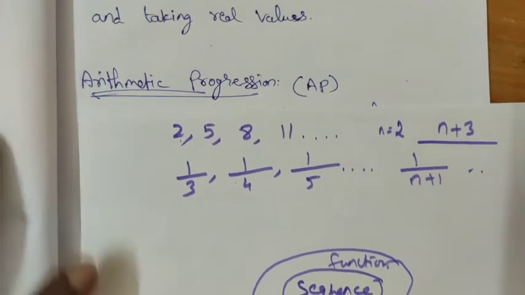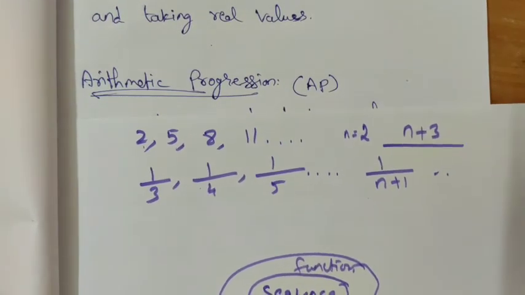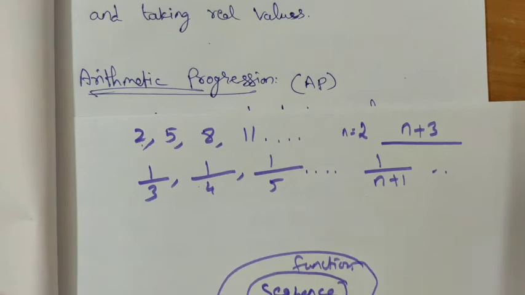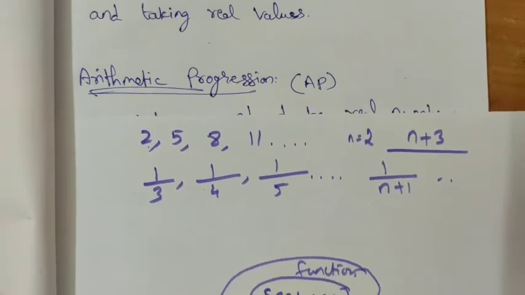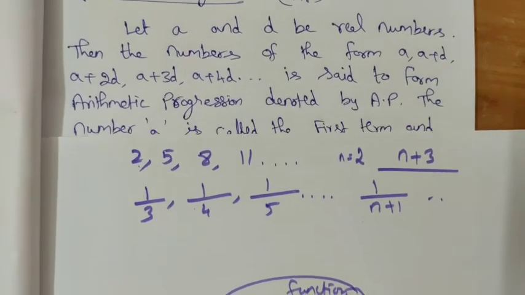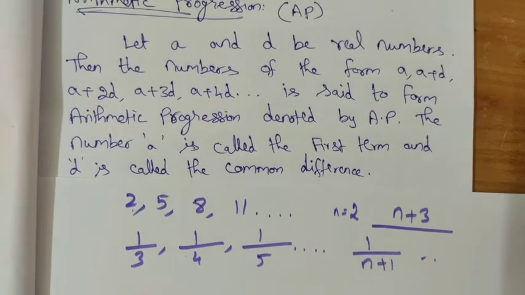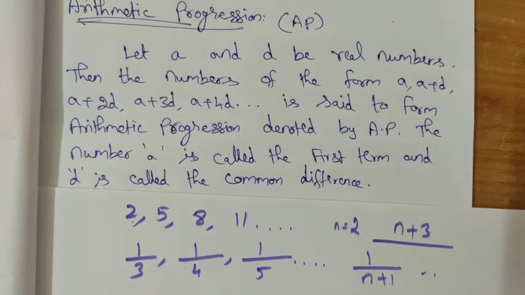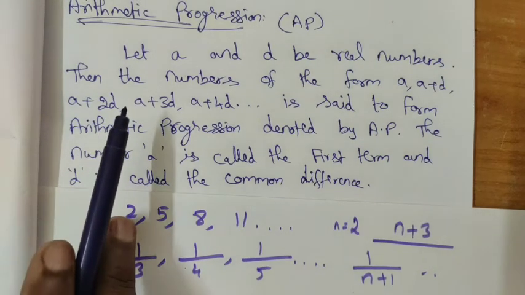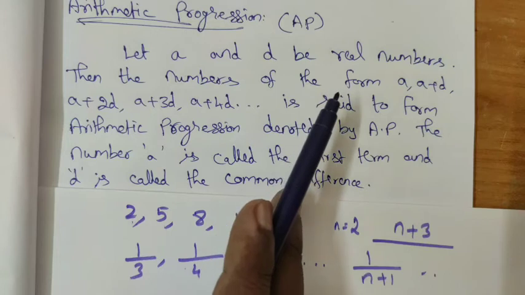Let's see the arithmetic progression, AP. A sequence whose numbers have a common difference is an arithmetic progression. See the definition of AP. Let A and D be real numbers.